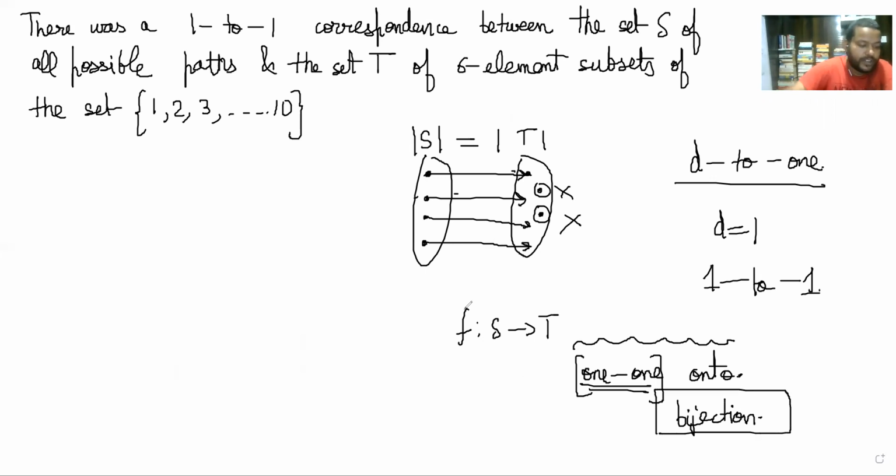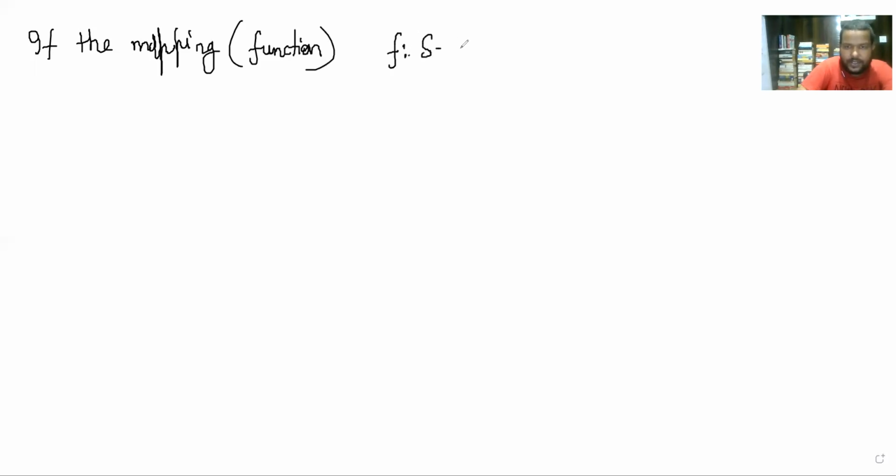So what we do here is this. If the map, or mapping, or function, f from S to T is 1-1 and onto, then we call it a bijection.